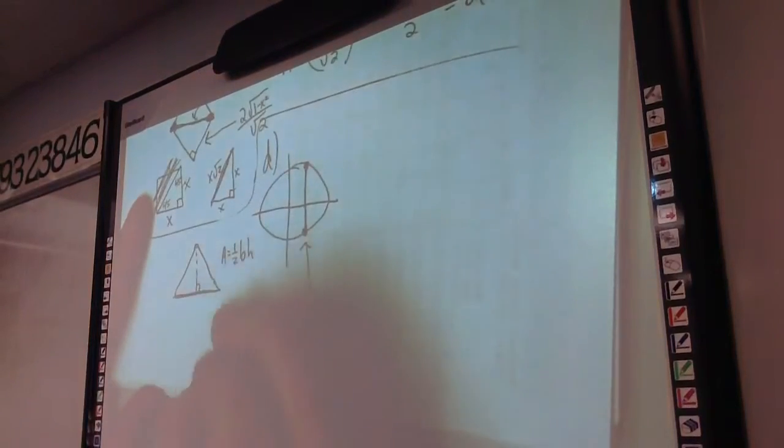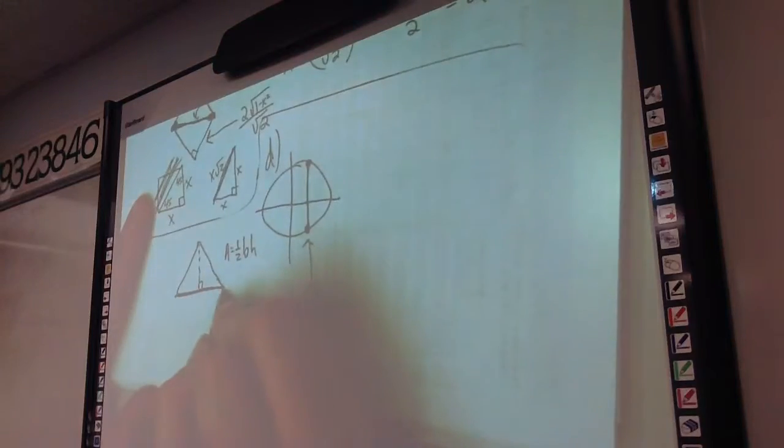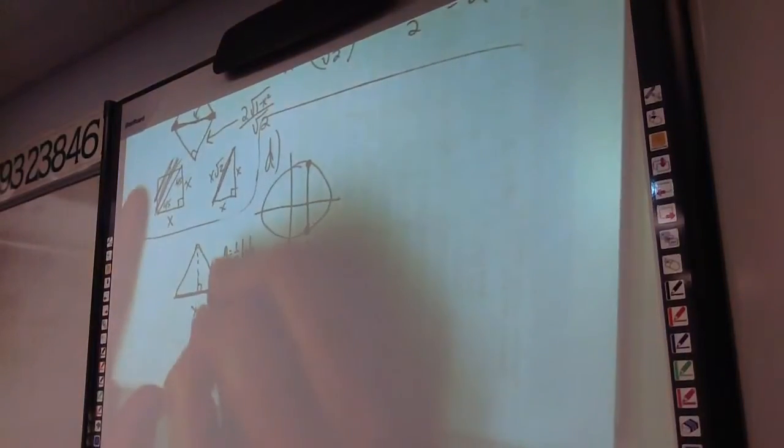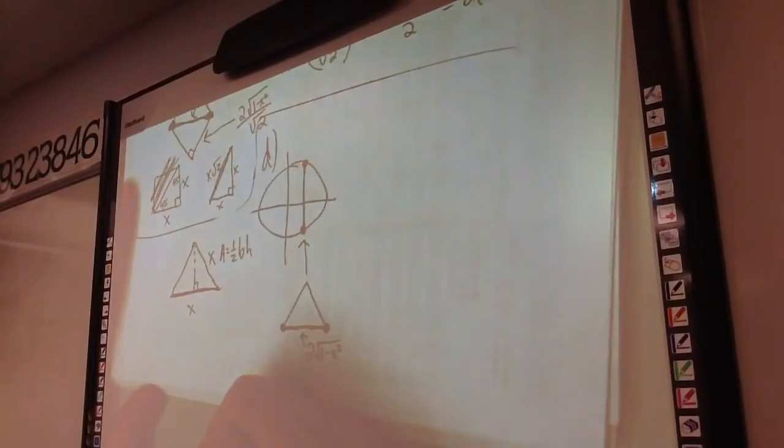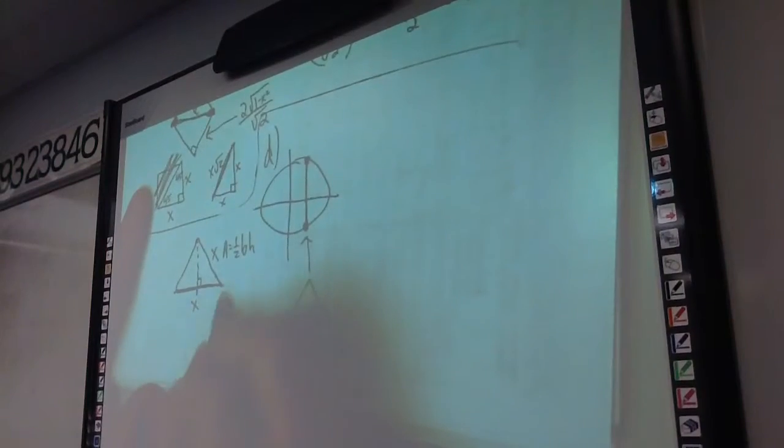All the sides are the same length, that's true. So if the whole bottom here is x, then half of it is x over 2. What's this right here? Half, x over 2.